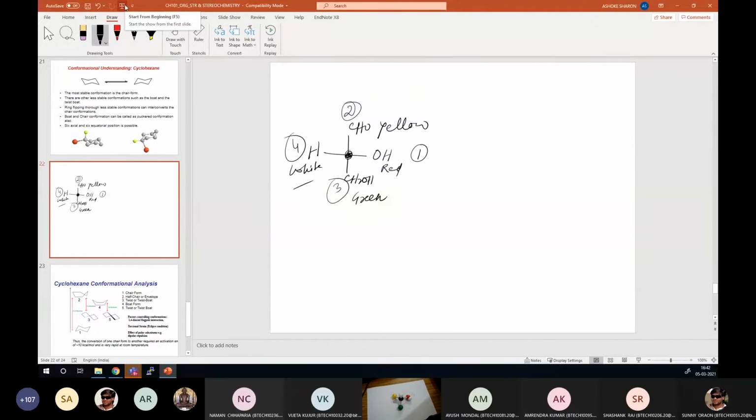Ritu, Ras, how is it anti? Red is 1. Someone is saying clock, someone is saying anti-clock. Anyway, I don't want to confuse you. Why? Because red is 1, yellow is 2, green is 3. So you are able to see from the top, so your eye is on the hydrogen.